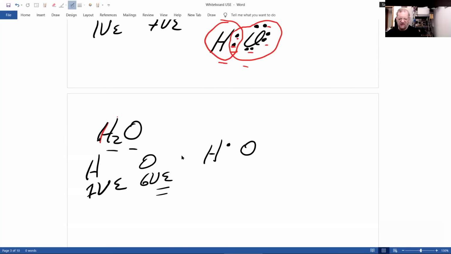This oxygen has 6, 1 here, plus 2 pair. Another hydrogen has this. So the Lewis structure for water is this. Looks cleaner.